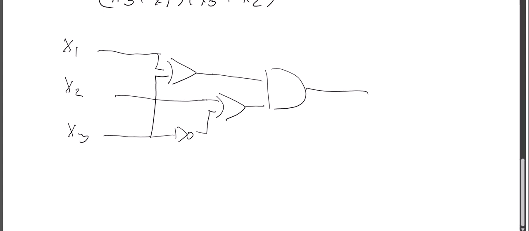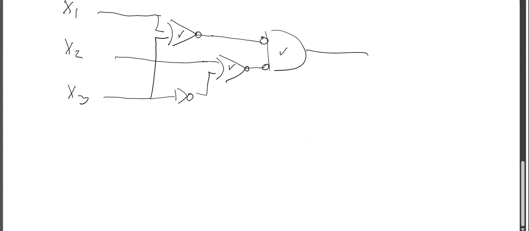So what I can do here is I put a bubble here and a bubble here, and those two cancel each other out. And I put a bubble here and a bubble here, and those two cancel each other out. And so now I've made this into a NOR gate, and this into a NOR gate, and this into a NOR gate.